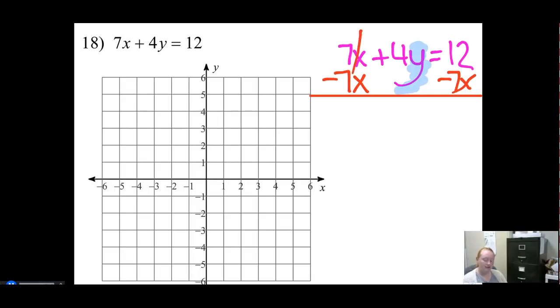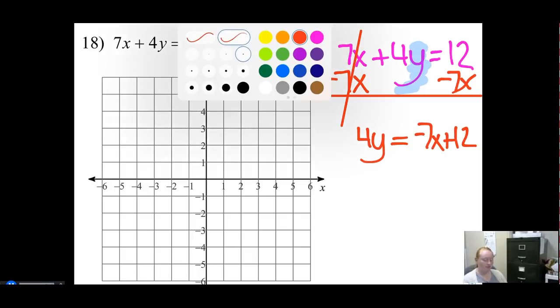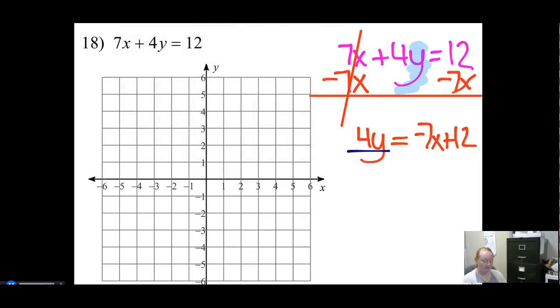When I do this, this cancels. I get 4y equals -7x plus 12. I'm going to divide by 4 on both sides. When I do that, I'm going to divide by 4 on everything.